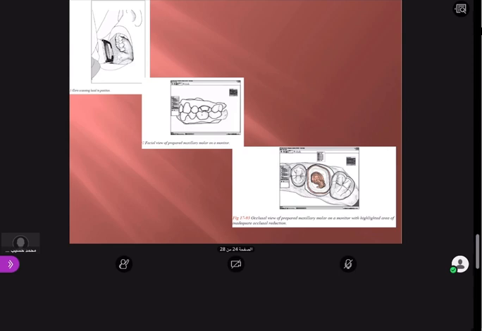So more pictures. As you see in the first picture, the optical scanner is inserted in the mouth, and the completed impression appears on the screen. Again, this is another picture. You see the finish line is also captured.